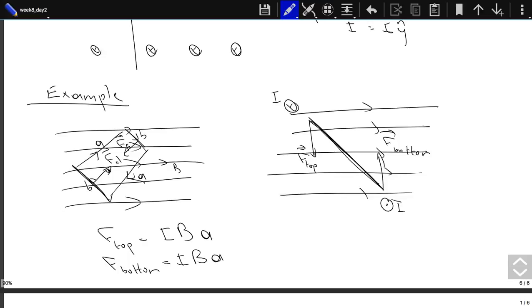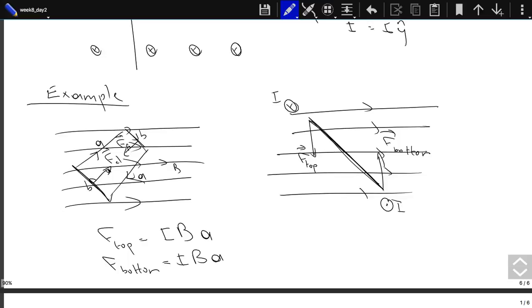There will be a non-zero torque, because if you remember, we had calculated that the top edge is being pushed down. This edge is being pushed up. So it will try to rotate. The forces will not accelerate the center of mass, but nevertheless the forces will try to rotate my loop, current carrying wire.